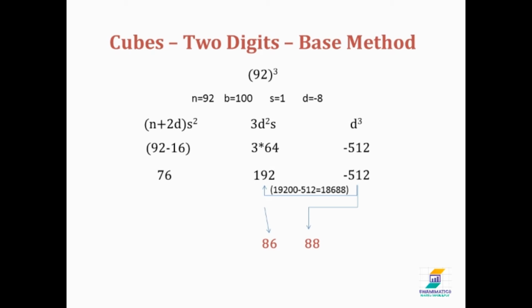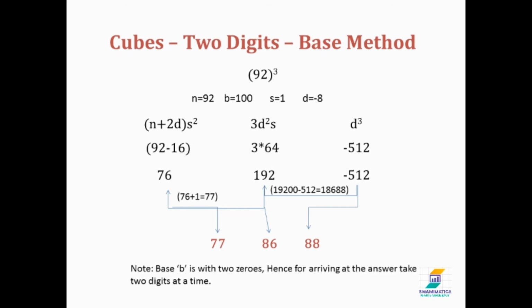That means your first 2 digits are 88. The next 2 digits are 86 and the next one is 76 plus 1, which becomes 77.